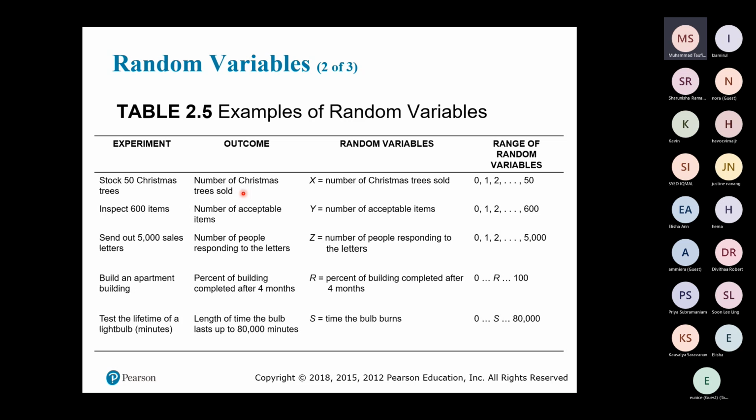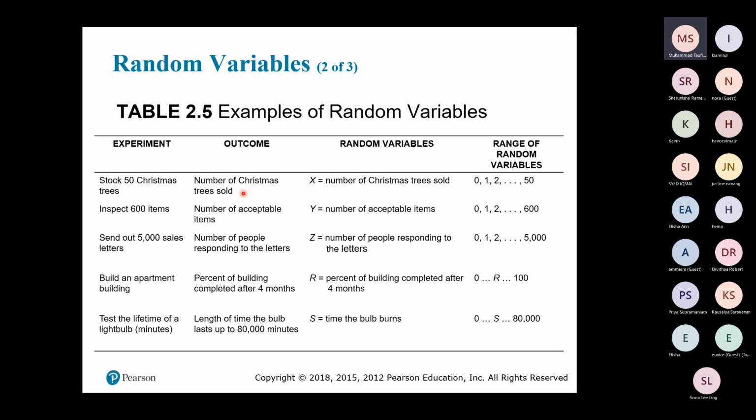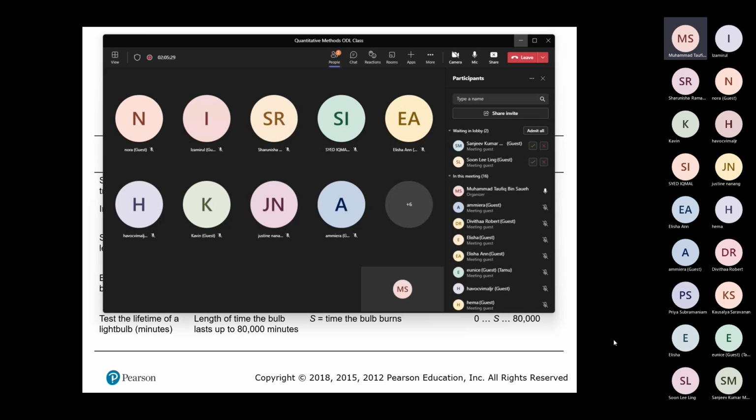Okay, and then kemudian inspect 100 item. Okay, so awak punya ujian adalah awak adalah QA, awak bekerja sebagai quality control. Okay, so awak kena buat quality check up. Okay, so ada 600 sampel. Jadi awak nak tahu berapa banyak sampel yang lepas ujian. Okay, so awak punya variable boleh ubah adalah bilangan produk yang lepas ujian quality.